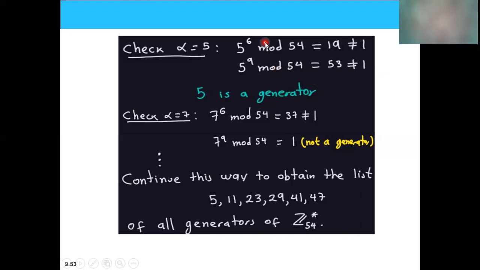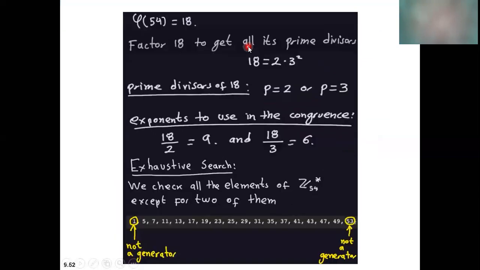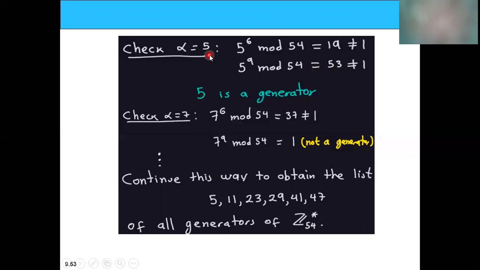Why? From where do I get this 6? Because 18 divided by 3 is 6, and 18 divided by 2 is 9. So I took both powers, alpha to the power 6 and alpha to the power 9, and after taking this power and reducing mod 54, I got 19, which is not congruent to 1. In that case, 5 is a generator.